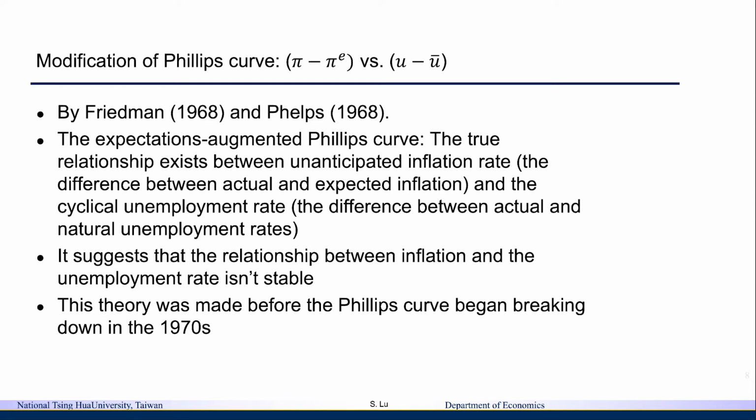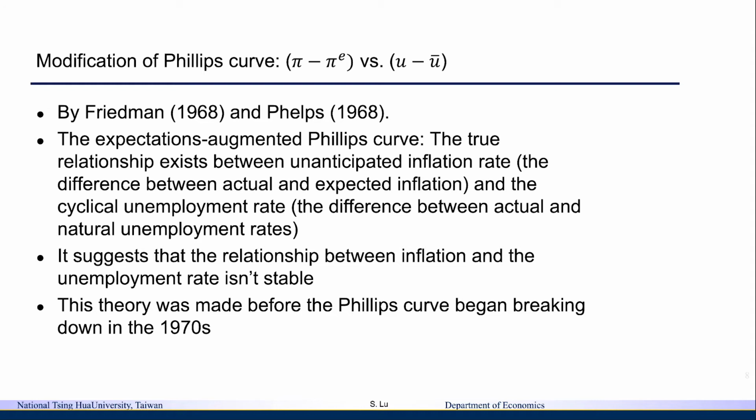That is because, from the model perspective, they suggest that the true relationship is between the unexpected inflation rate and the cyclical unemployment rate. Therefore, they provide a new relationship which we call the Expectation-augmented Phillips curve. This theory, in fact, was developed before the failure of the Phillips curve in the 1970s.